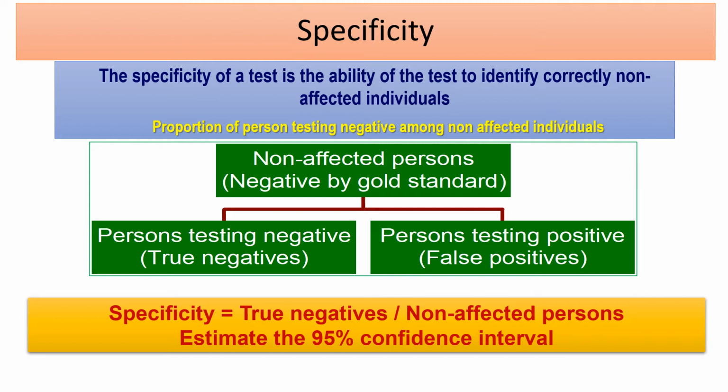The first part is persons testing negative, or true negatives, and the second part is persons testing positive, or false positives. So we can calculate the specificity. Specificity is equal to true negatives divided by non-affected persons.